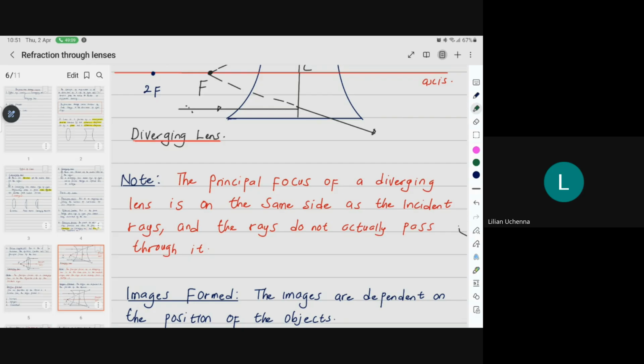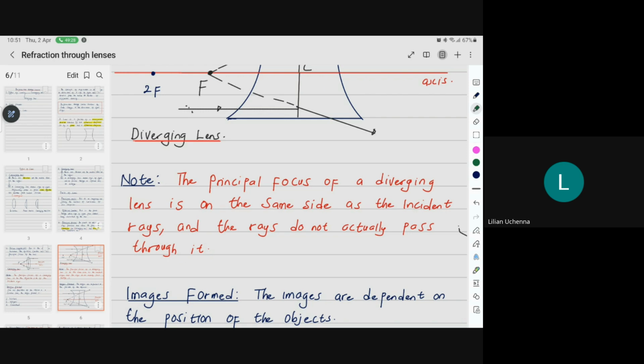So it's very key that you pay attention to the position where the object is placed, because it's going to affect the kind of image that will be formed, just like your concave mirror. What happened in the concave mirror is that different positions of the object determined the kind of image we are going to have.